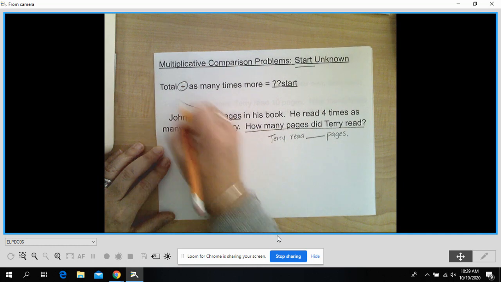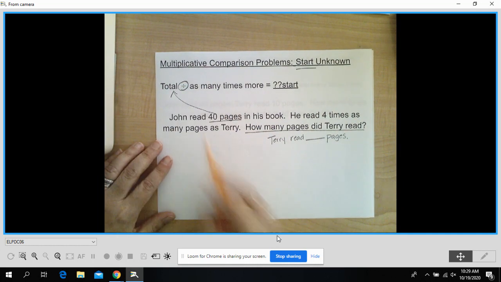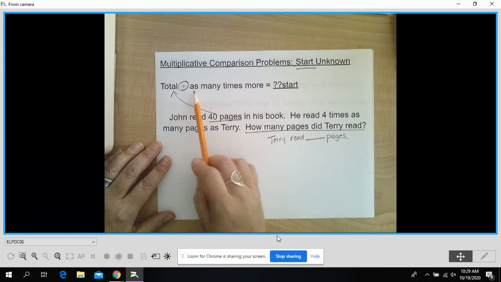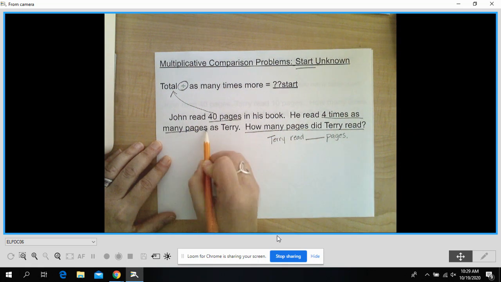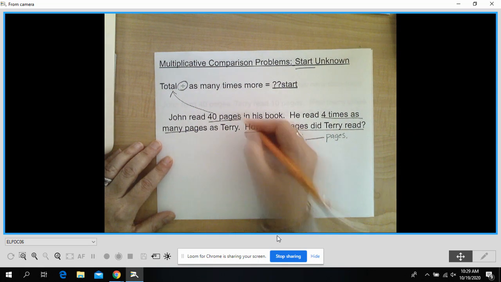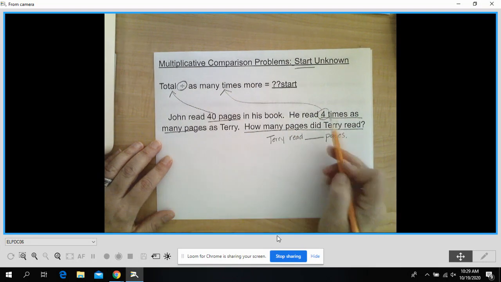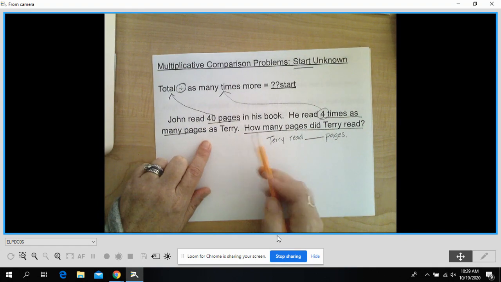John read 40 pages, right? What else does it say? We're going to take that amount and we're going to divide it by as many times more. So he read 4 times as many pages as Terry. So we're going to take that 40 and what are we going to divide it by? The 4 times more he read than Terry.